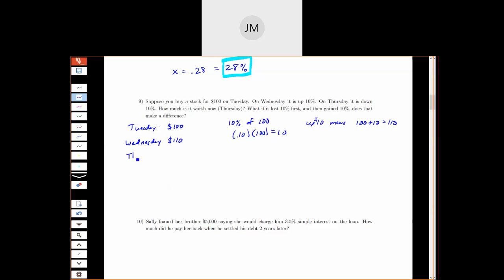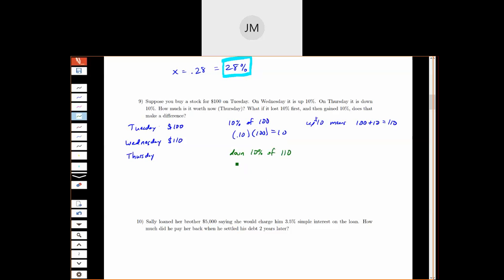Okay, on Thursday, it went down 10%. It doesn't go down 10% of its value on Tuesday. When it goes down, it goes down a percentage of what it is currently at. Okay, so we want 10% of what it's currently at, and on Wednesday it's worth $110.